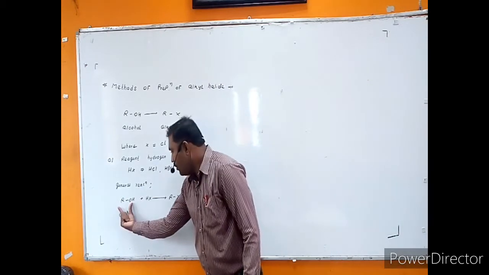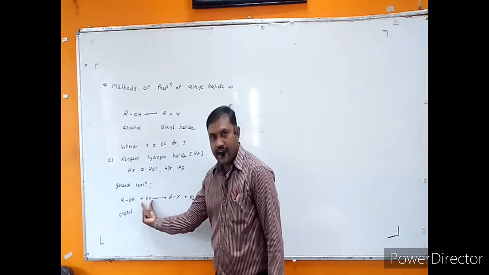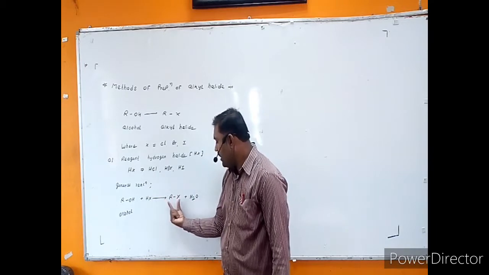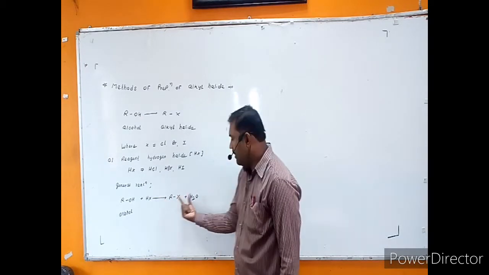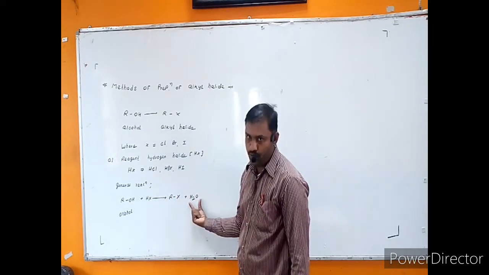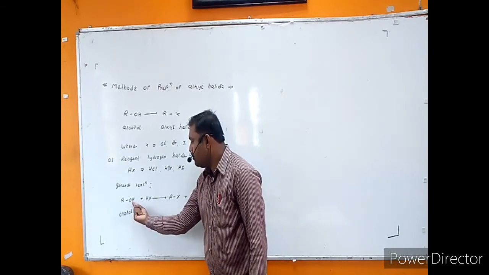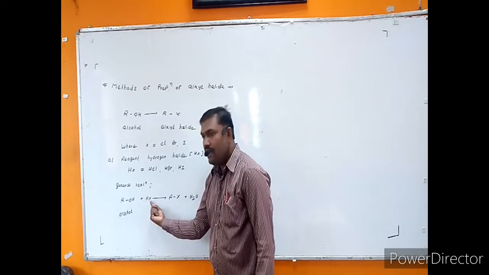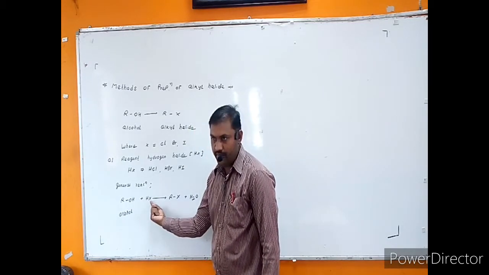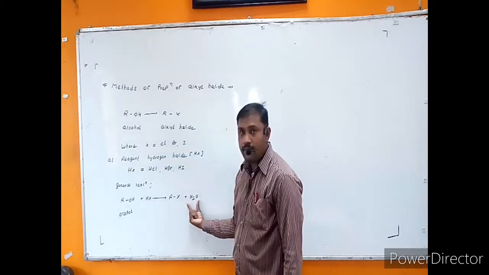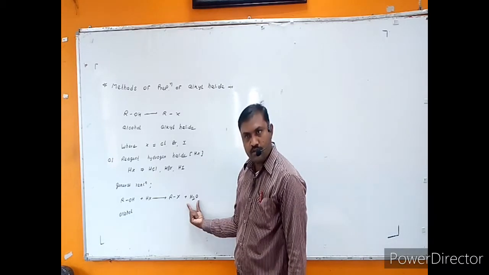When alcohol is treated with hydrogen halide, we get product alkyl halide along with byproduct H2O. Now what happens actually in this reaction? The OH group of alcohol is replaced by the halogen of hydrogen halide. Now how is this byproduct obtained? Water is your byproduct.